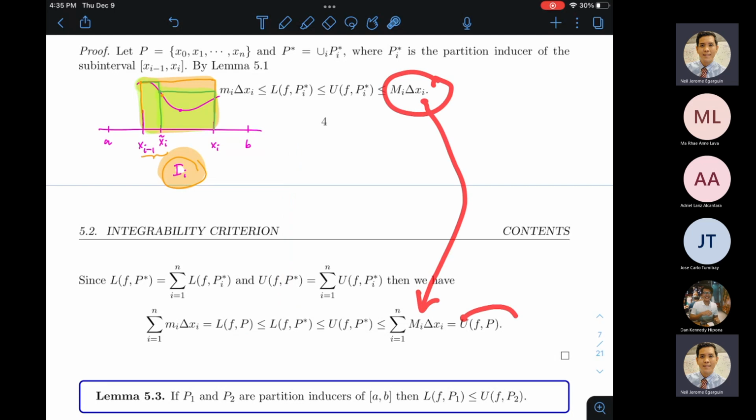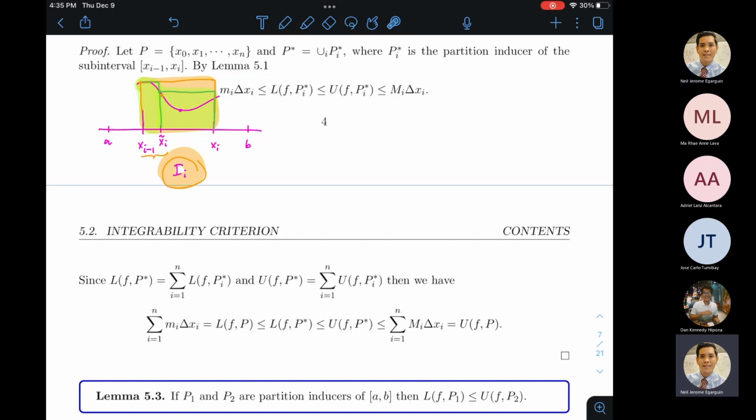That will be the upper Riemann sum, and then yung partition inducer nandito. So dito sa proof, ginamit niya muna yung lemma 5.1, alright, dun sa refinement. Tapos pinakita niya na dito sa bawat m sub I, which is from the original partition inducer, siya yung nandito sa dulo, tas kinuha niya yung summation. Alright? At yung summation na yon ay equal dun sa lower Riemann sum noong original partition inducer.